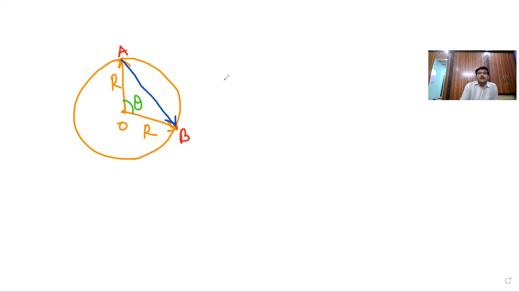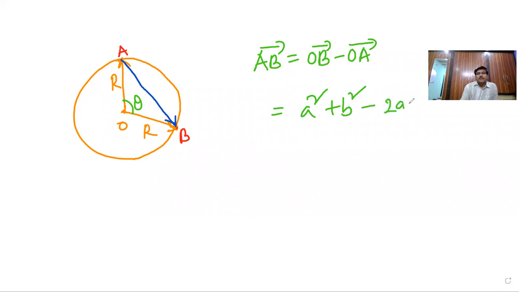AB bar is final position vector OB bar minus initial position vector OA bar. That means difference of two position vectors. What is the formula we are using? A square plus B square minus 2AB cos theta. Theta is the angle between the two vectors.